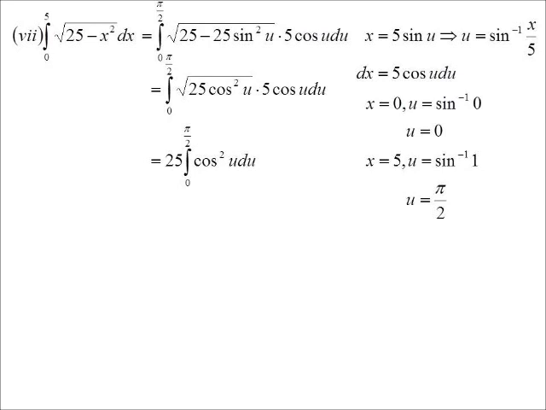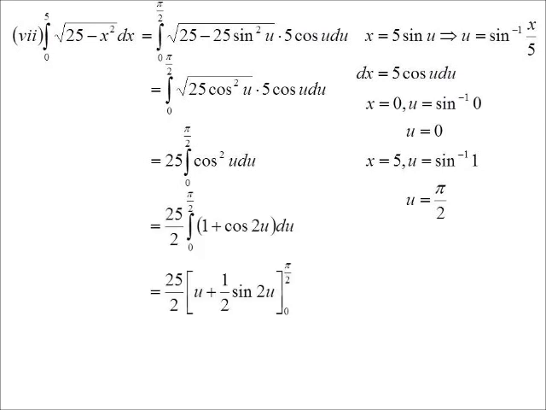Oh, hang on a sec. Cos squared, that's a half of 1 plus cos 2u. Now we can integrate. We get u plus a half sine 2u. Substitute in the pi on 2. Substitute in the 0. We get 25 pi on 4, eventually.